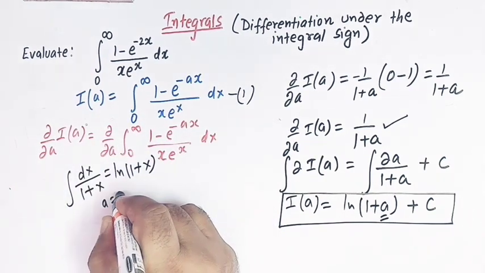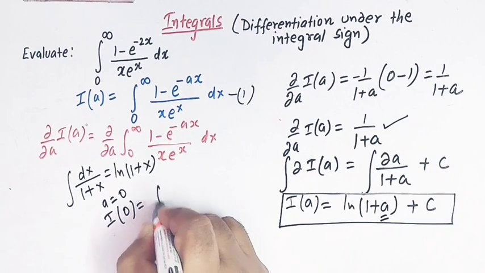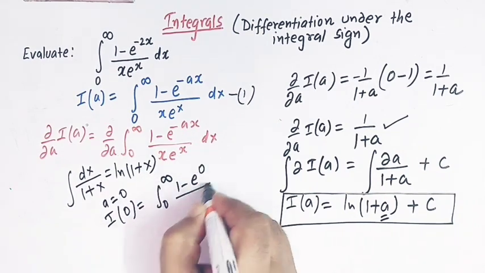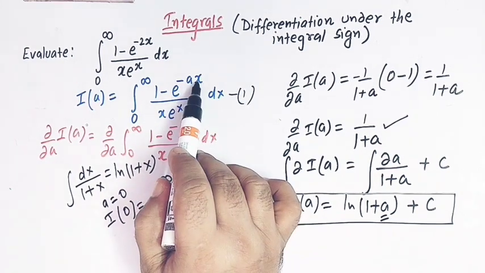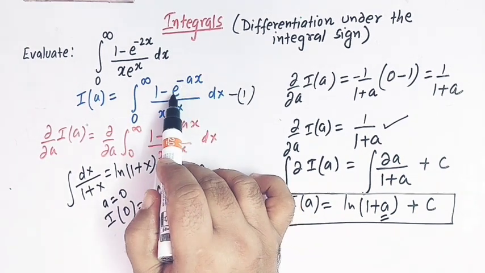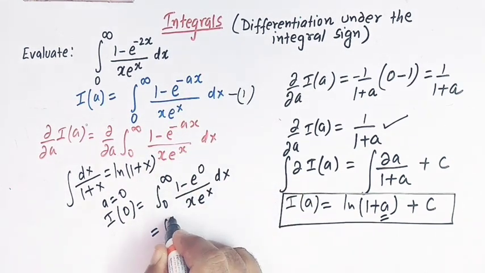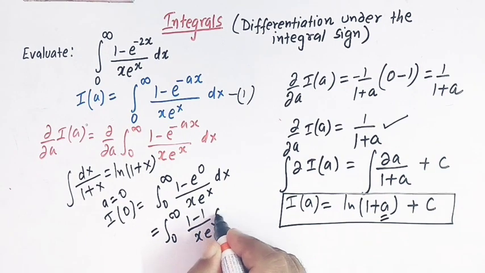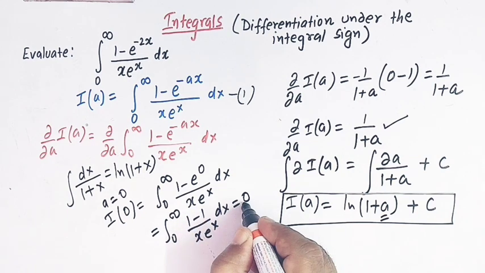So when we take a equal to 0, then I(0) is equal to the integral from 0 to infinity of (1 minus e^0) over x e^x dx, because when a is 0, we get e^0, and e^0 is 1, so we have (1 minus 1) over x e^x dx. So this integral is 0 because 1 minus 1 is 0.